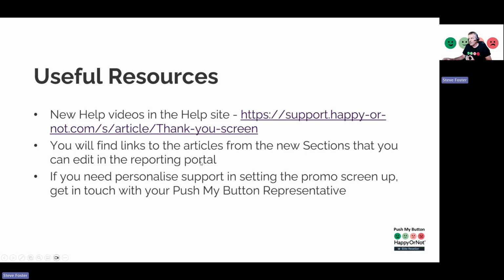Also within the experience points and the setting pages, if you click the little icon next to the thing, there's generally a link to these pages to help you set those up. And as always, if you need any personalized support to help you go through this process for the first time, just get in touch with your HappyOrNot representative, and they'll be happy to take you through the approach.